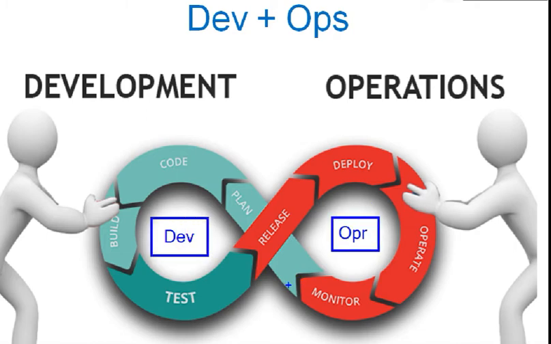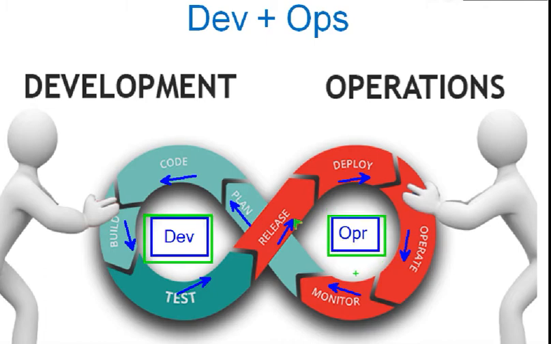If you take one scenario, I'll take one module, I will plan for that module, then I will code, design, build, test, deploy, operate and then monitor. So there is continuous development and continuous operations.